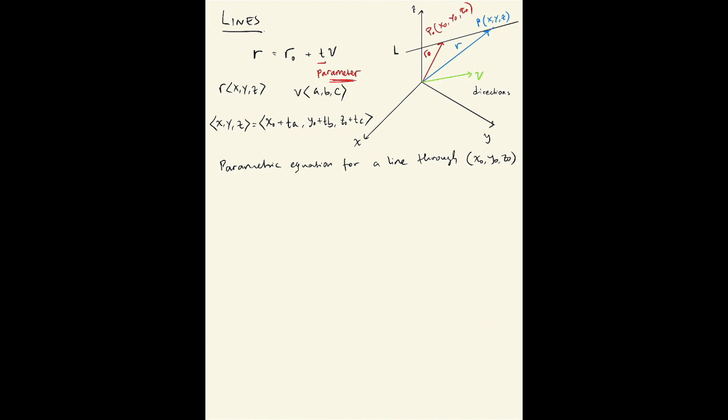So the parametric equation for a line through this initial point and parallel to the direction vector, that's the direction vector a, b, c.